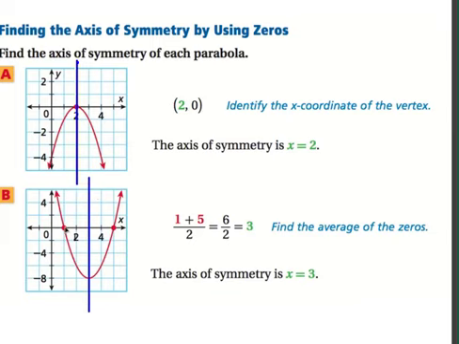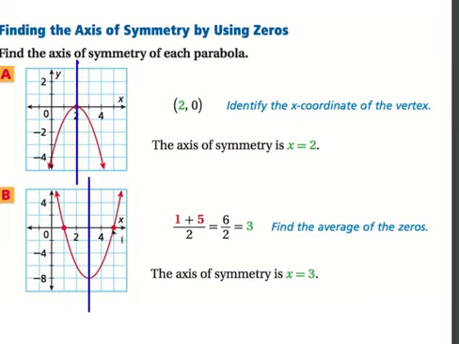So the distance from this zero to the axis of symmetry is the same as from this zero to the axis of symmetry. Now the axis of symmetry here is 3 because 3 is the middle of the parabola.